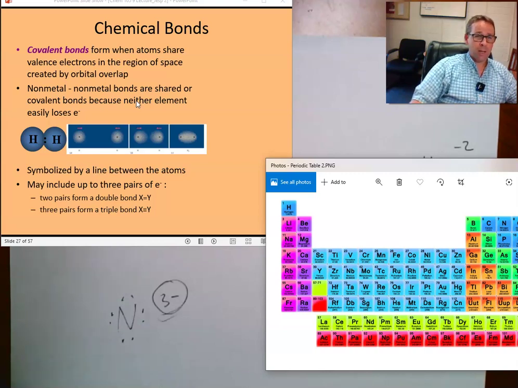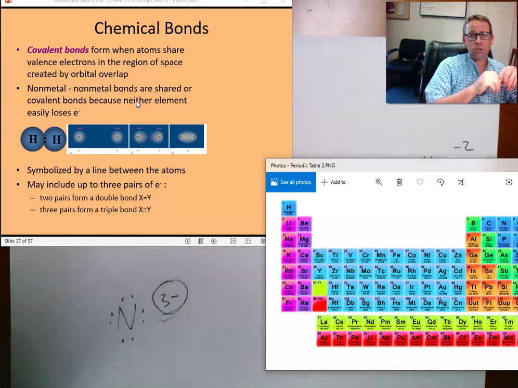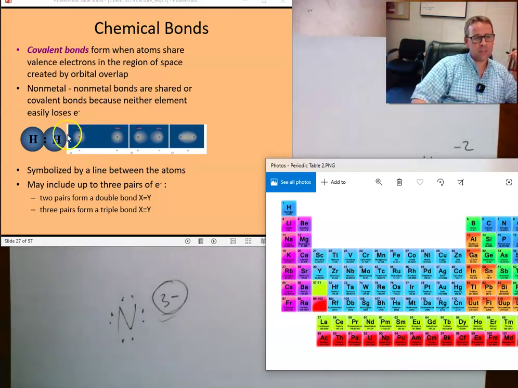In a molecular compound, or a molecular bond, a bond where 2 nonmetals come together, what's happening is, just like these 2 hydrogen atoms here, you could represent these 2 hydrogen atoms as their electron cloud around them as spheres, because it is a 1s orbital, which is occupied by an electron in hydrogen.